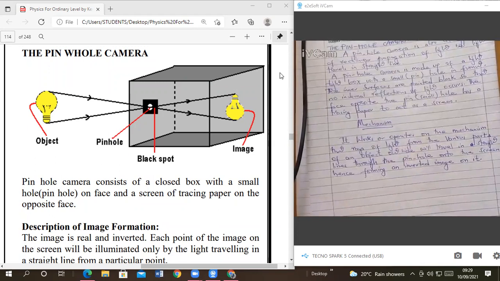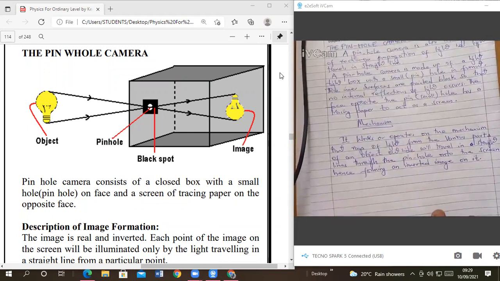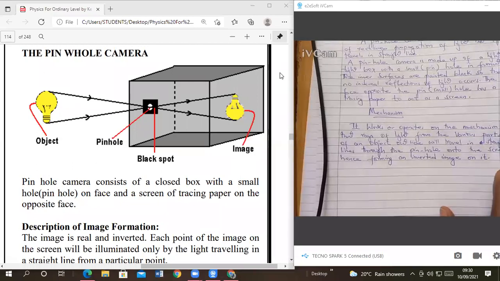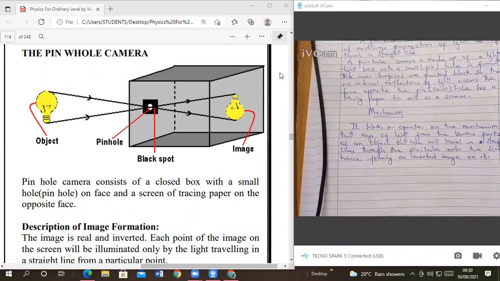Members, as simple as that. If they ask you to explain or describe how a pinhole camera works, you just say it works on the mechanism that rays of light from various parts of the object outside will travel in straight lines through the pinhole onto the screen, hence forming an inverted image on it.